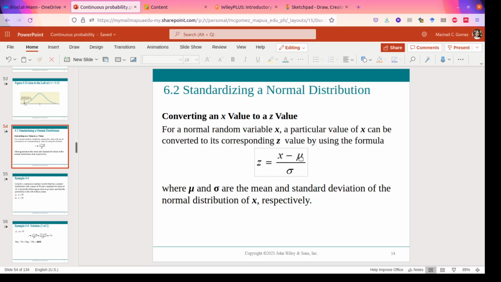The mean here does not pertain to the 0 value and standard deviation of 1, but rather it is the population mean of your sample. Ideally, it's supposed to be the population mean. If it's a sample mean, it becomes a t-value. But anyway, this is a population mean and the standard deviation of your outcomes.